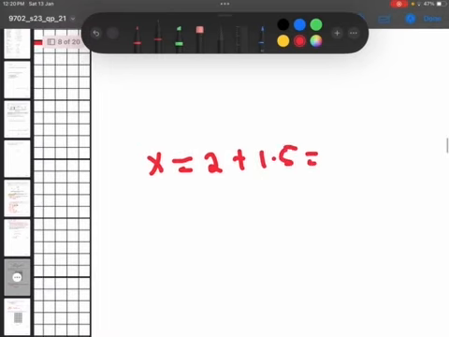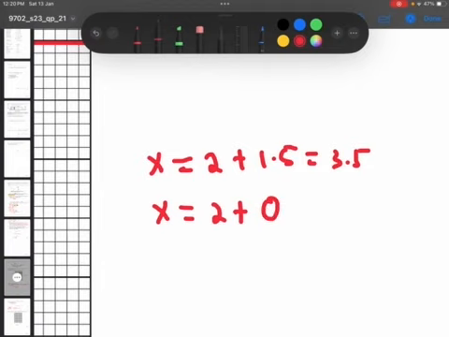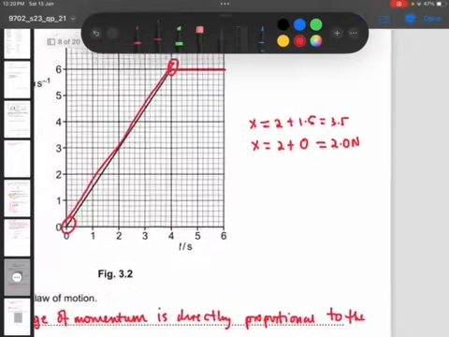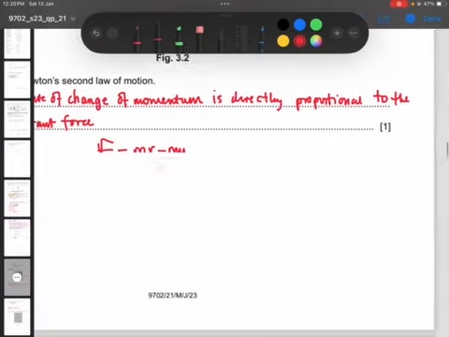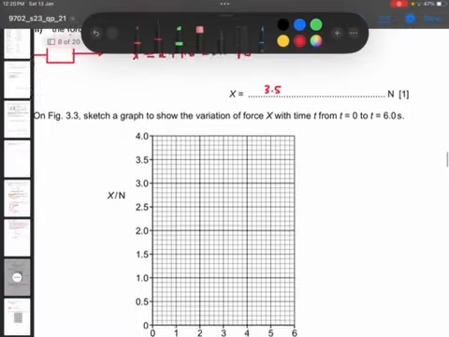We found 3.5, but now in this region the resultant force is 0. So it will be 2 plus 0, which will give us 2 newtons. So for the remaining 2 seconds, from 4 seconds to 6 seconds, the force X will be 2 newtons. So we are clear of what we want to do here.